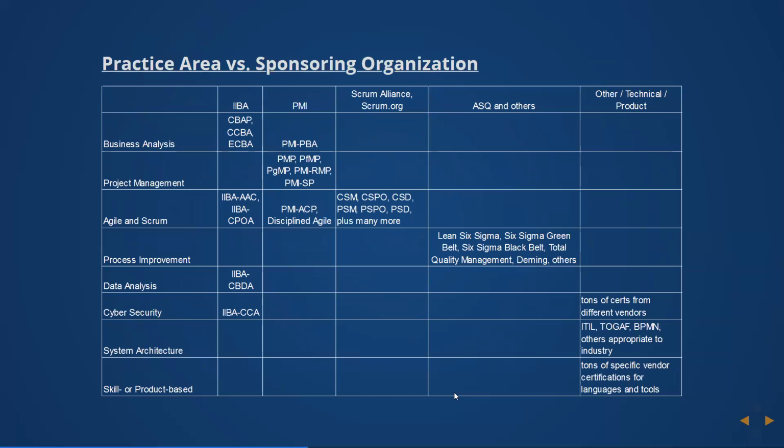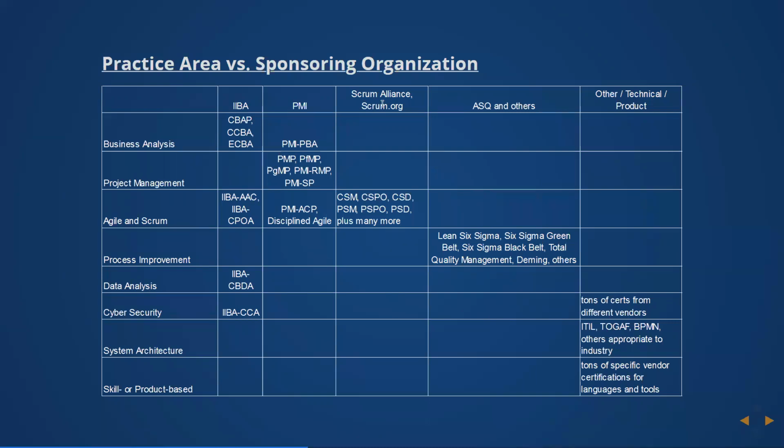Here's the way I put it into a grid. The different organizations are across the top, the different practice areas are along the side. All the organizations have a specific emphasis, but many organizations dabble in other cross practice areas as well.